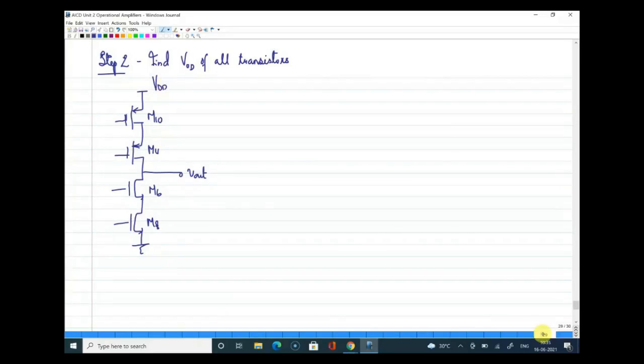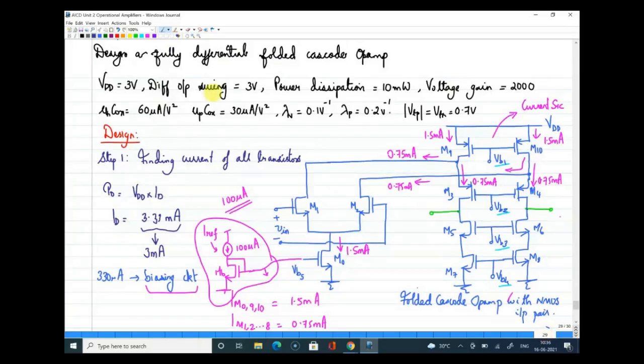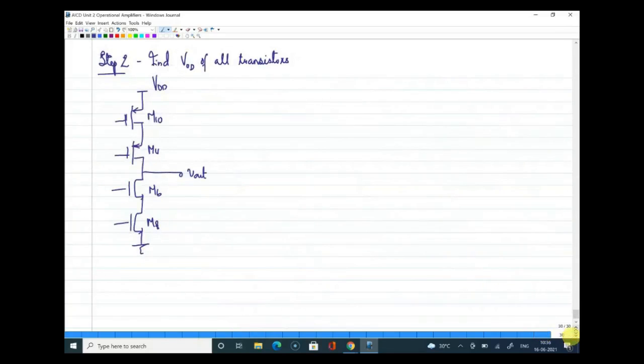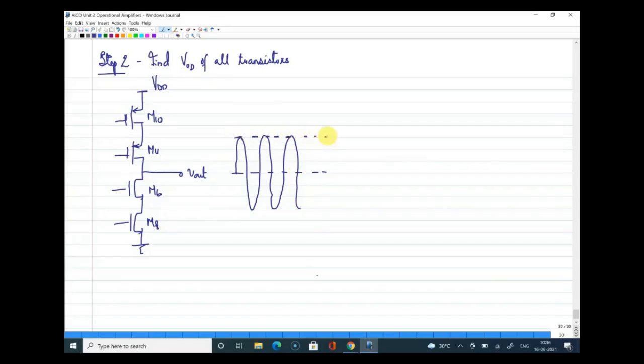Now what is the output swing given? The differential swing is given as 3. That means at one cascode point, at this point here, I can have a maximum swing of 1.5 volt.